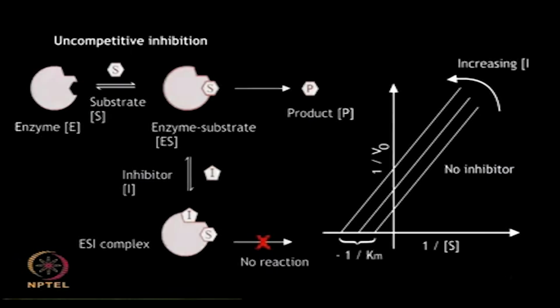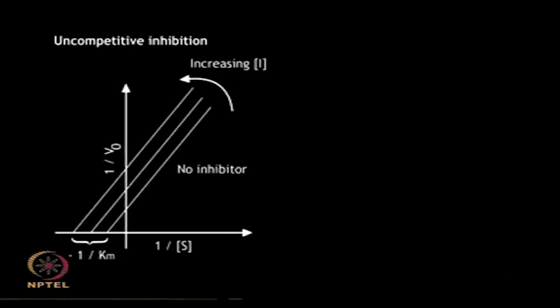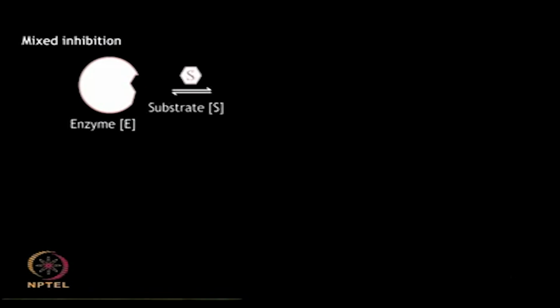Mixed inhibition, or non-competitive inhibition, also binds to the enzyme at a site distinct from the substrate binding site. However, the difference is that it can bind either to the enzyme or the enzyme substrate complex.